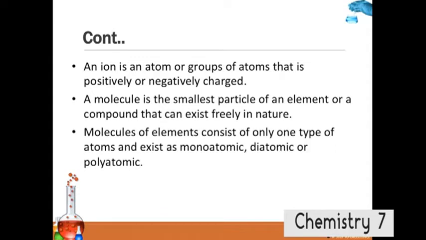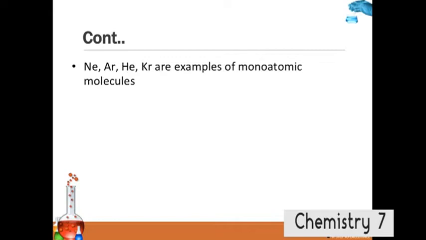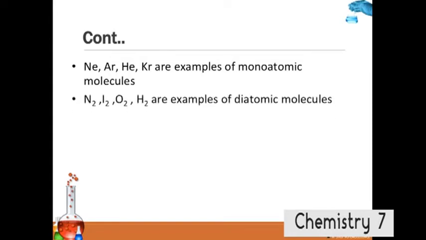Molecules of elements consist of only one type of atom and exist as monoatomic, diatomic, or polyatomic. Neon, argon, helium, and krypton are examples of monoatomic molecules. Nitrogen, iodine, oxygen, and hydrogen are examples of diatomic molecules.